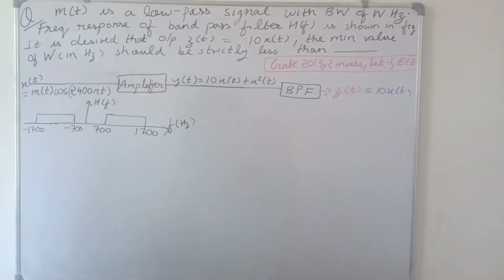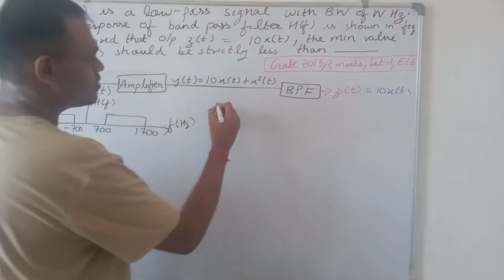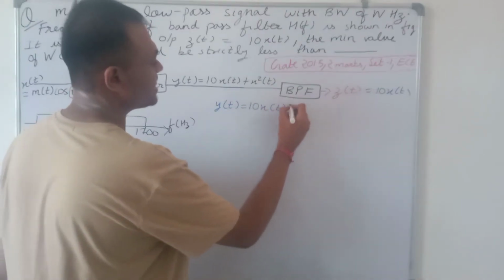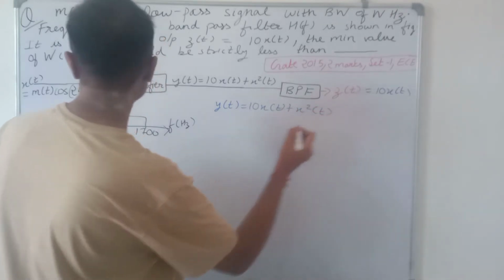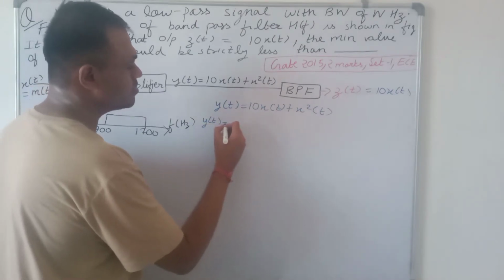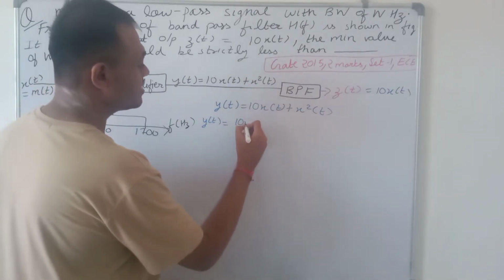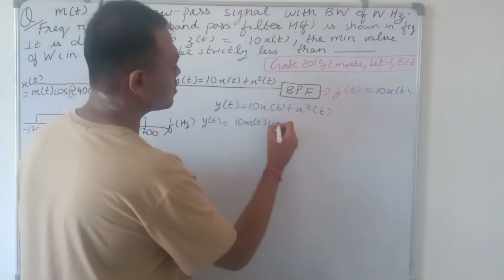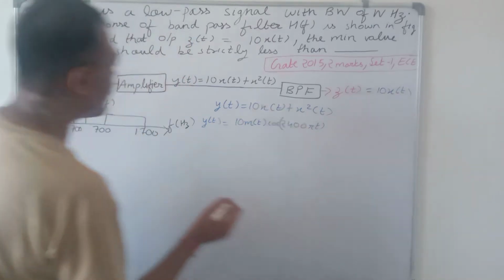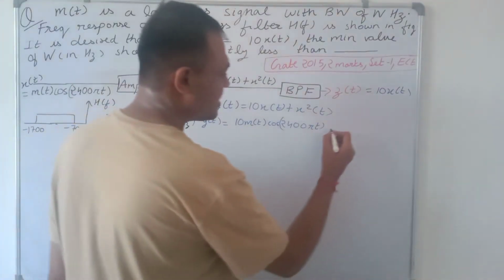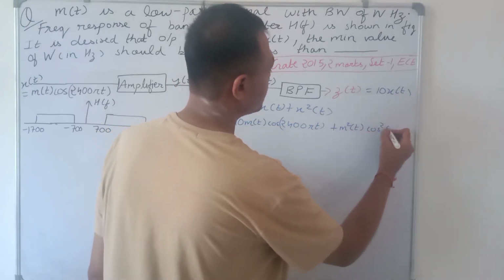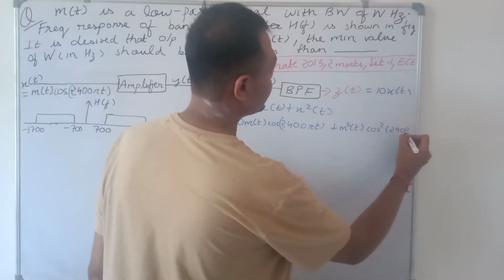So we can write y(t) is equal to 10x(t) plus x square(t), and x(t) is m(t) cos 2400 pi t. So y(t) is equal to 10 m(t) cos(2400 pi t), and we have to square x, so it will be equal to m square(t) cos square(2400 pi t).